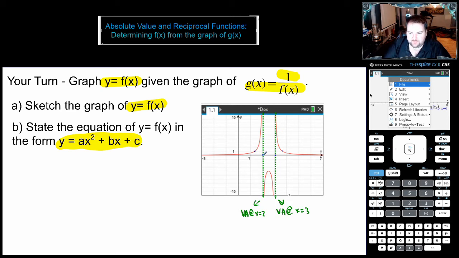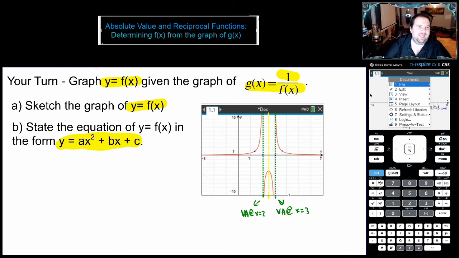Well, I know that if these are my x-intercepts, then I'm going to have a vertex that is going to be somewhere around the middle of those two. And I'm going to go ahead and make another line here, somewhere in the middle of those two. There we go. There's my invisible line for where my vertex is going to go.